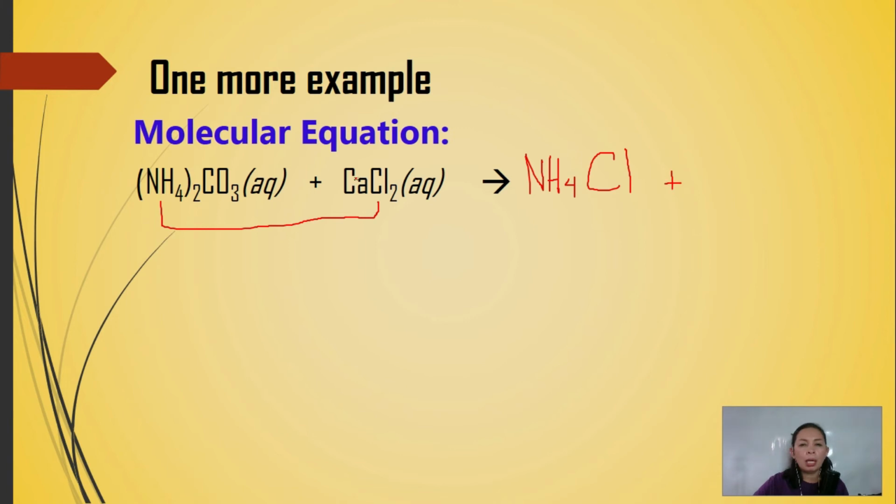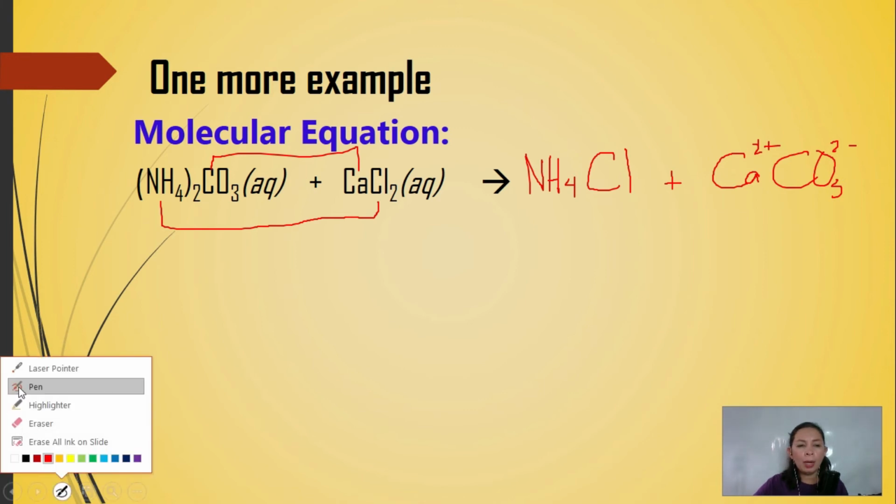Then we produce another compound, calcium plus carbonate. Calcium has a charge of positive 2 or 2 plus. Carbonate has negative 2. So again, since we have the same oxidation number, we have to remove that one, meaning they are in a 1:1 ratio.